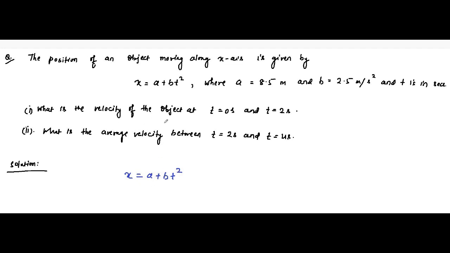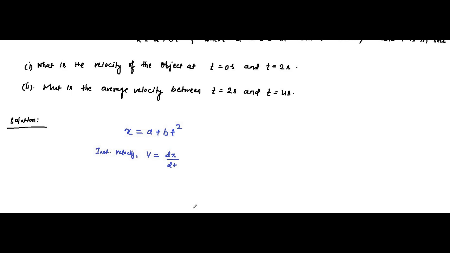In order to find the velocity at these specific time instants, we have to get the expression of instantaneous velocity, that is v is equal to dx by dt.